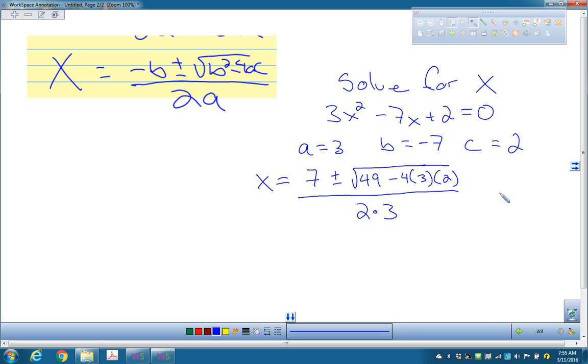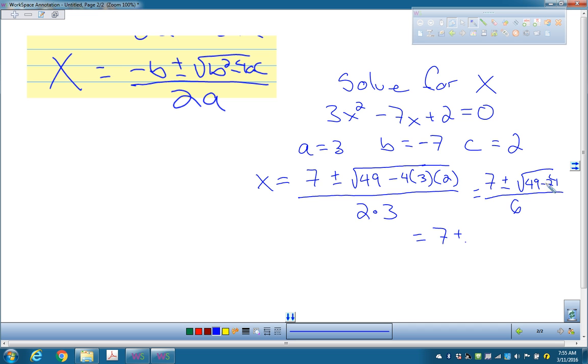When you simplify this, you get 7 plus or minus the square root of 49 minus 24, over 6.